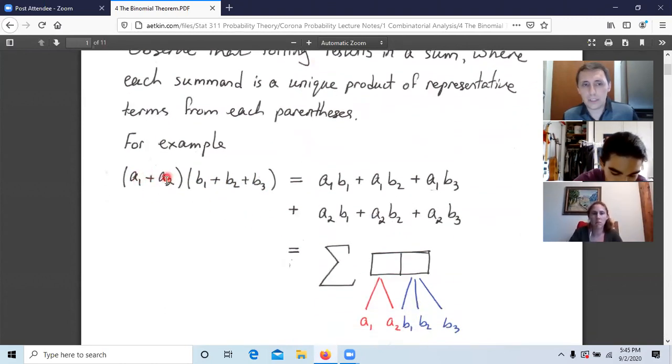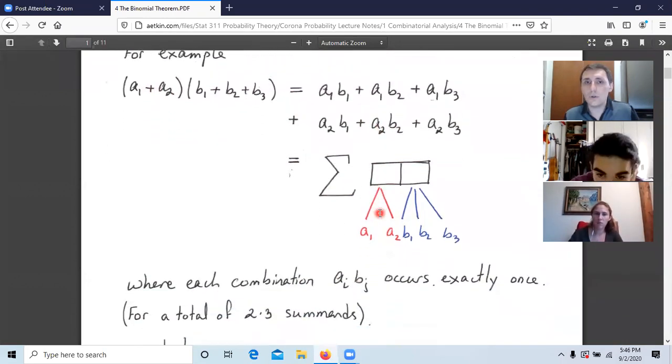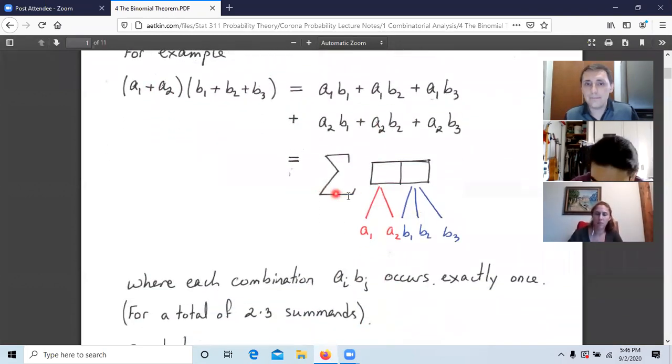If you think about it, I have all combinations from the first parenthesis with all combinations from the second parenthesis. So for instance, I have A1 multiplied by B1, A1 multiplied by B2, A1 multiplied by B3. That's where the first parenthesis contributed A1. And I have the same thing when the first parenthesis contributes A2, right? All possible combinations.